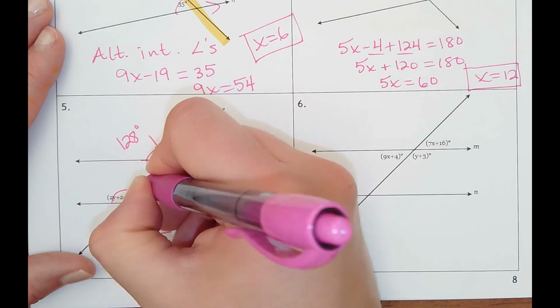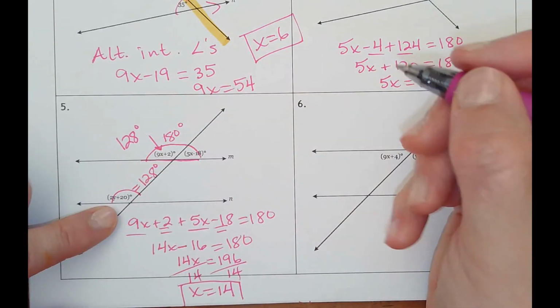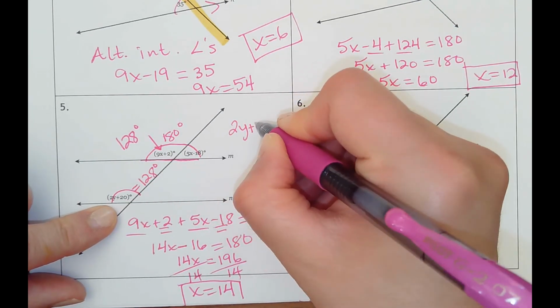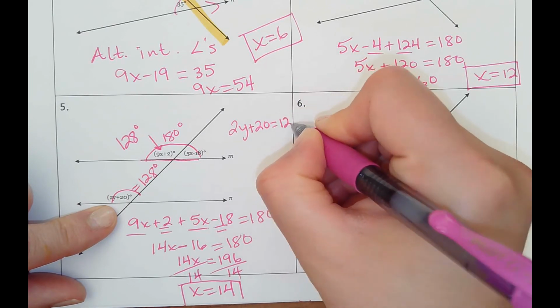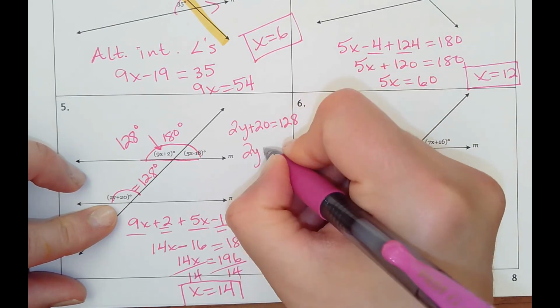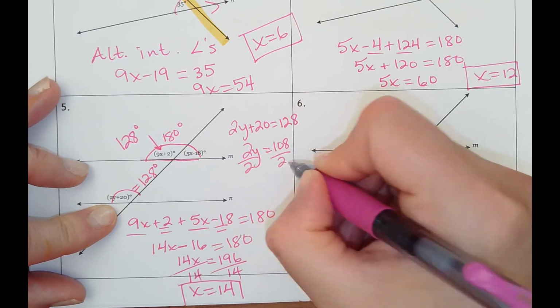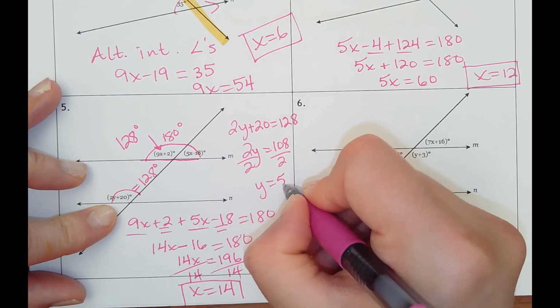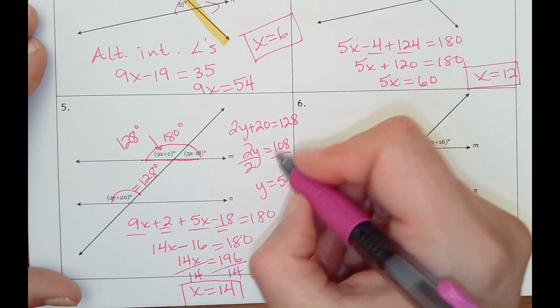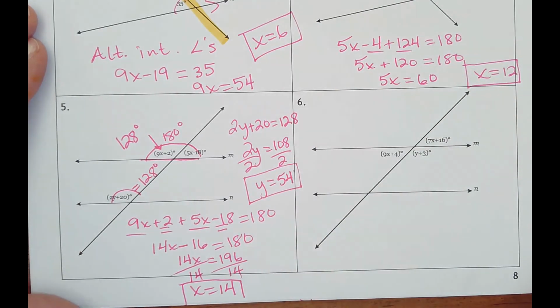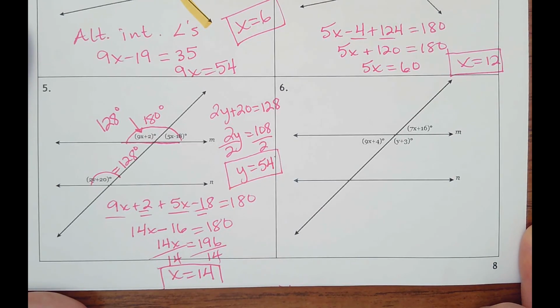This should also equal 128. I would set up an equation saying 2 times y plus 20 must equal 128. Subtract 20 from each side, that would be 108. Divide that by 2, that would be 54 is what y is. So you're working backwards to try to figure out what the variables are.